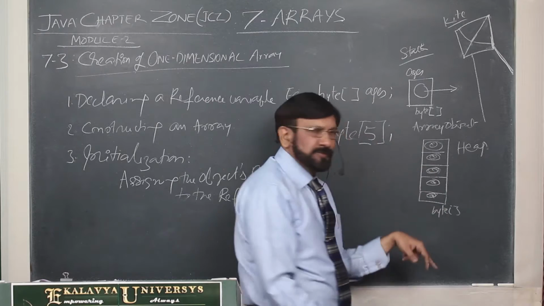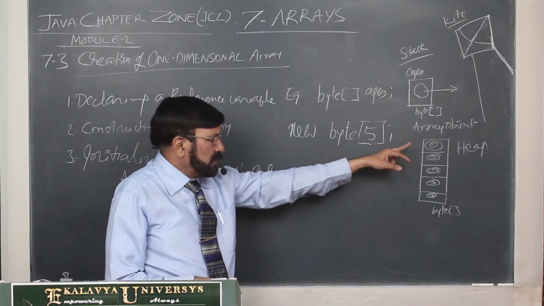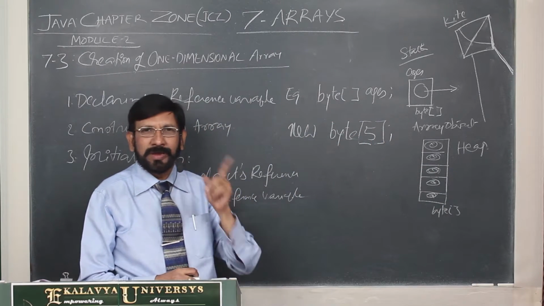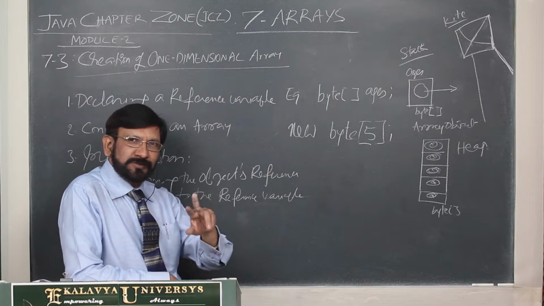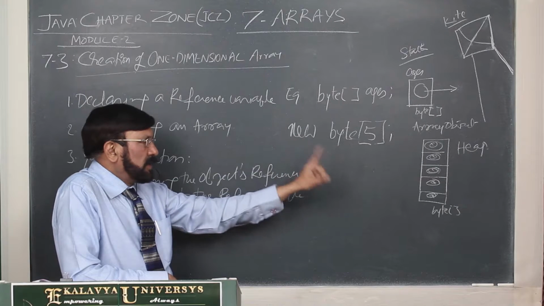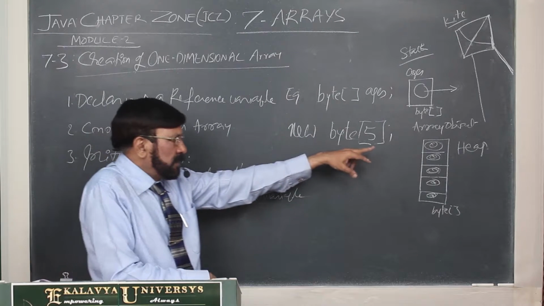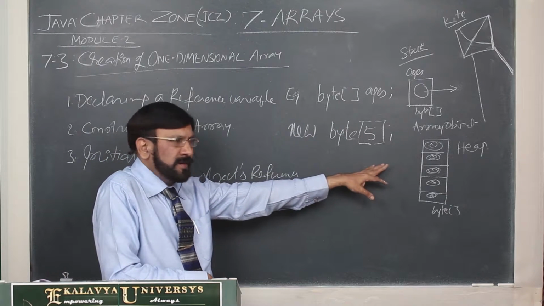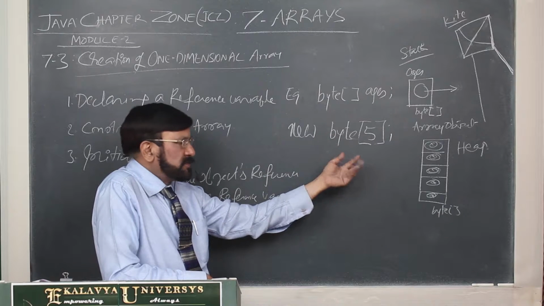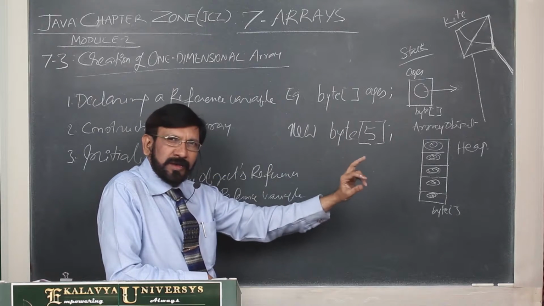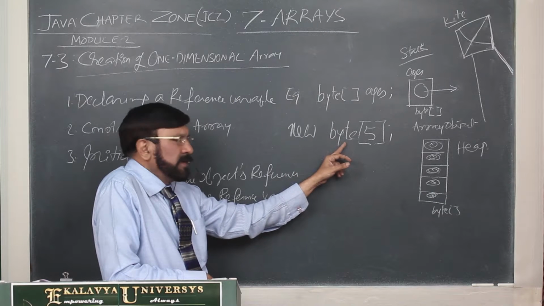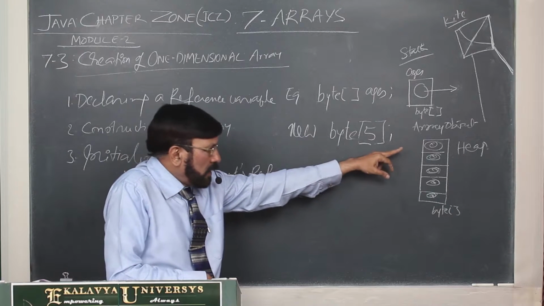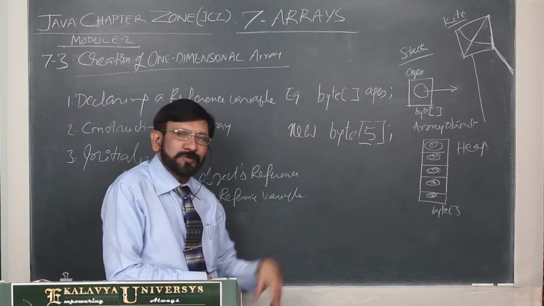The default value is 0 for byte, that's why it fills zeros. Okay, one more operation is there. New performs 3 operations. So far I explained 2 operations. One is the necessary amount of memory is allocated on heap, and the second one is it initializes all the elements with the default value of the corresponding type. So all elements are filled with zeros.